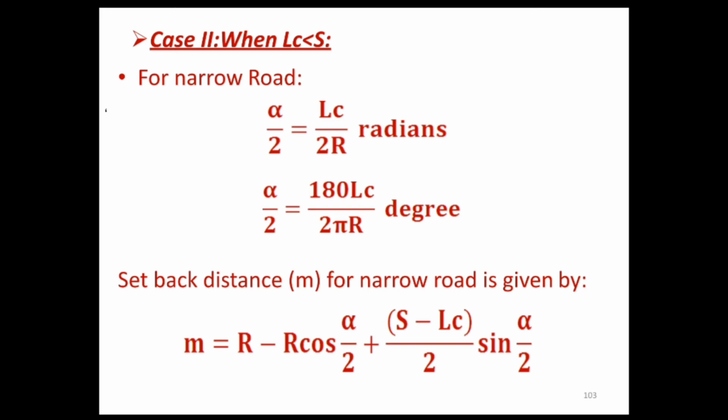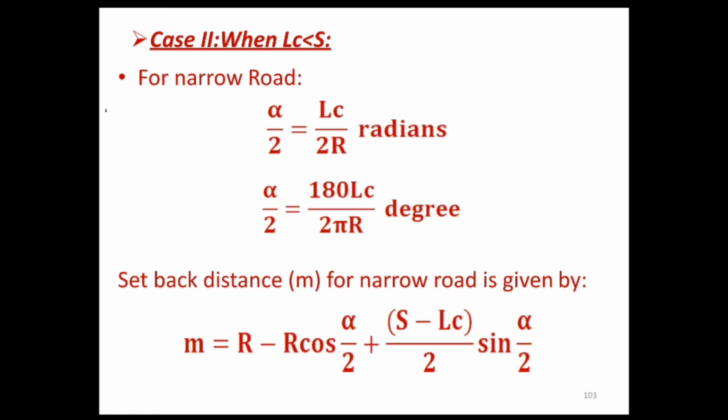When the length of the curve is less than the required side distance. For the narrow road, if the side distance required is greater than the length of the curve LC, then the angle alpha subtended at the center is determined with reference to the length of the circular curve LC, and the setback distance is calculated in two parts as given below.